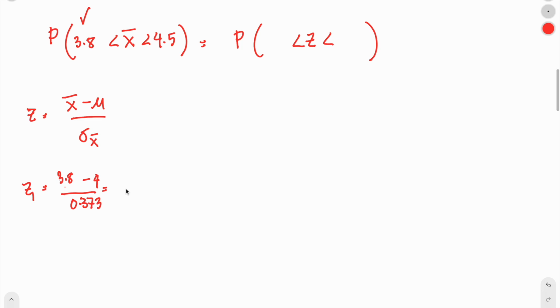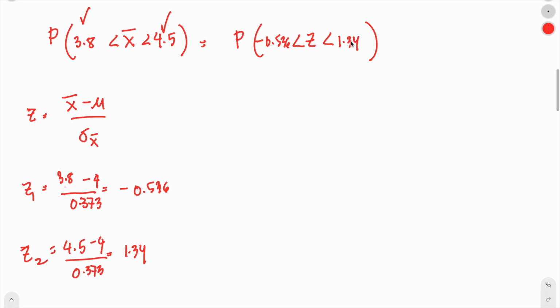So this is negative 0.536. Your z2, on the other hand, is 4.5. This is your value for x bar, minus 4 over 0.373, and this is 1.34. Therefore, this is z greater than negative 0.536 but less than 1.34.